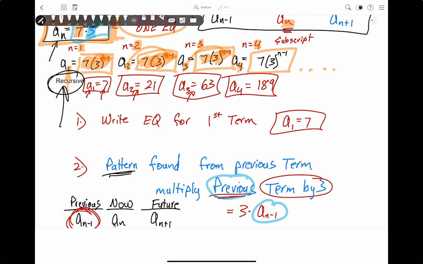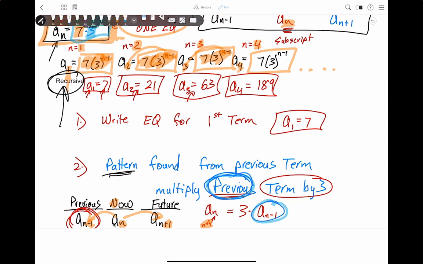And that's going to be the nth term, a sub n. The reason why I say the now term is because a sub n is the first letter of now. It's an easy way to remember it. The nth term is the now term, the one that you're working with, the one that you're talking about, okay? And then one step into the future makes sense because it's plus 1. And then one step in the past makes sense because it's minus 1, okay? So again, the previous term is going to be one step in the past.